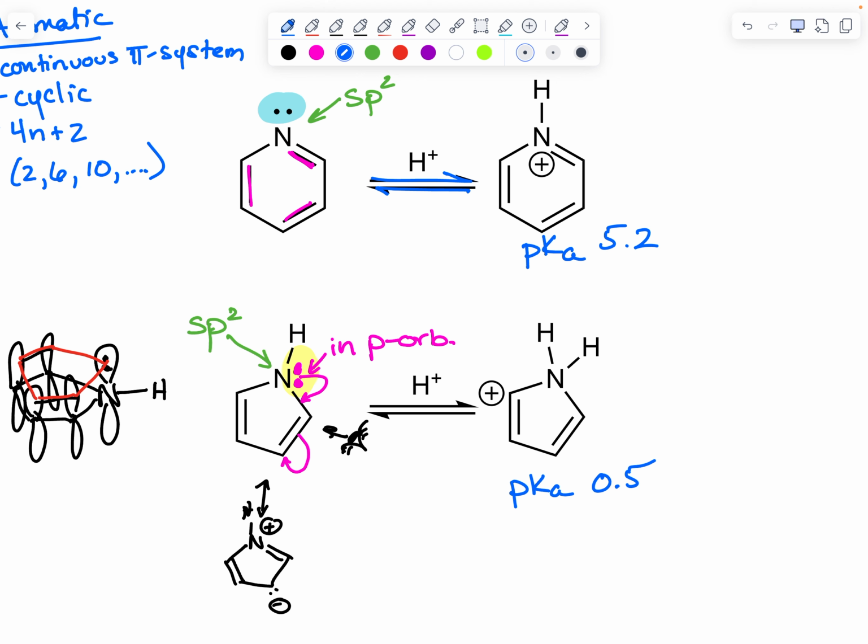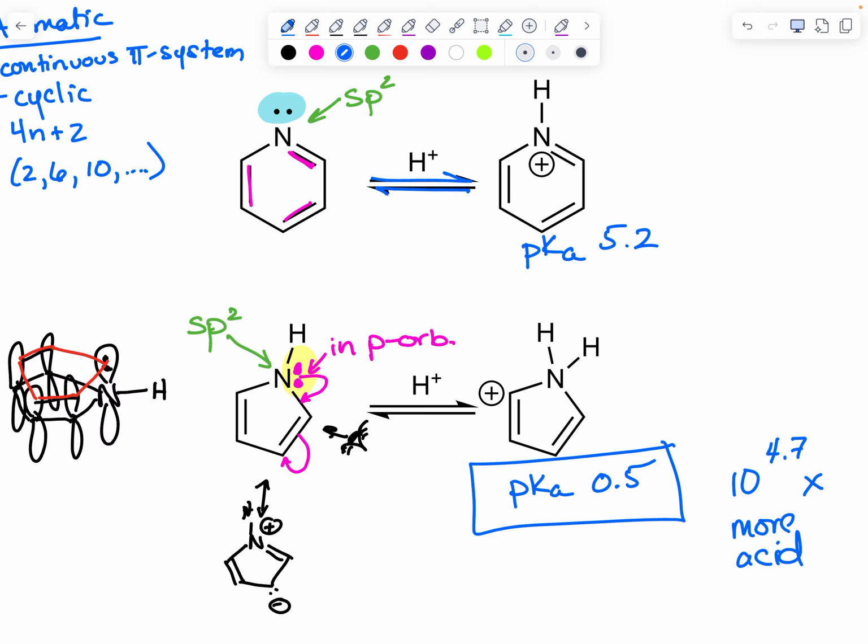Okay, that lone pair is actually sticking straight out from the nitrogen. It's in an sp2 hybridized lobe. Okay, so pyridine literally has a lone pair on the end, like, let me find a proton, let me find a proton, let me find a proton. And it has zero communication with the pi system.